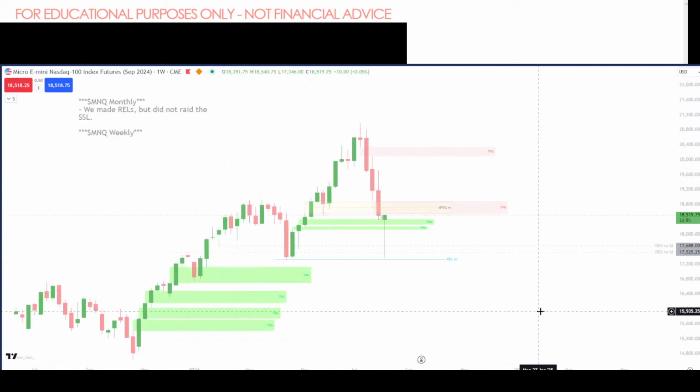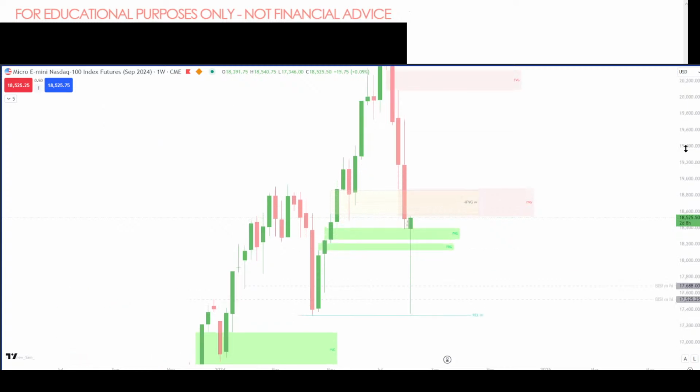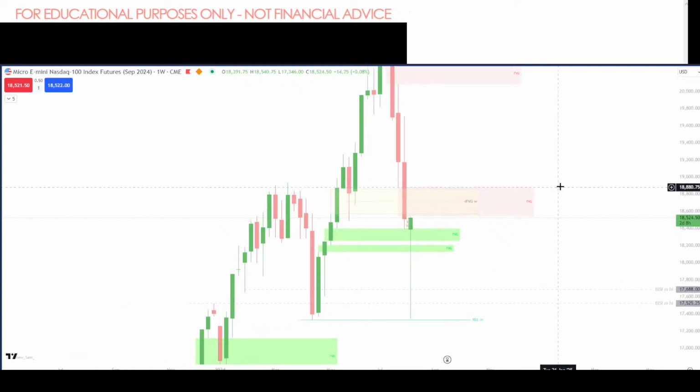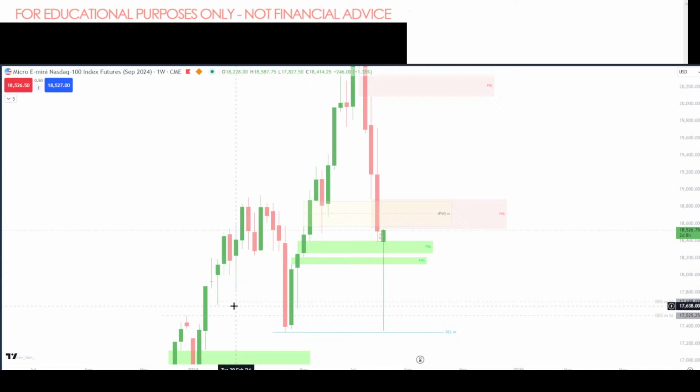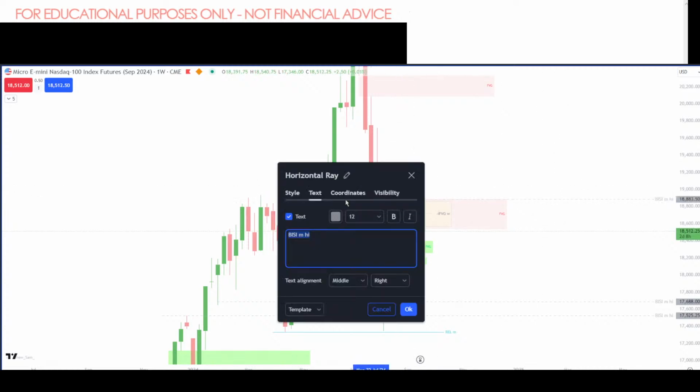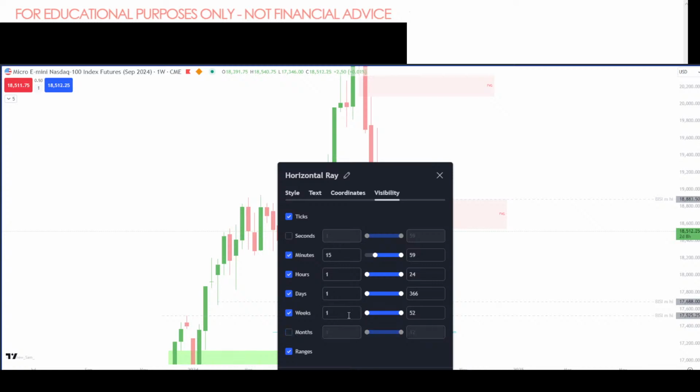And that overlaps with this SIBI here. So let's mark off the weekly SIBI from there. Visibility, monthly, weekly.